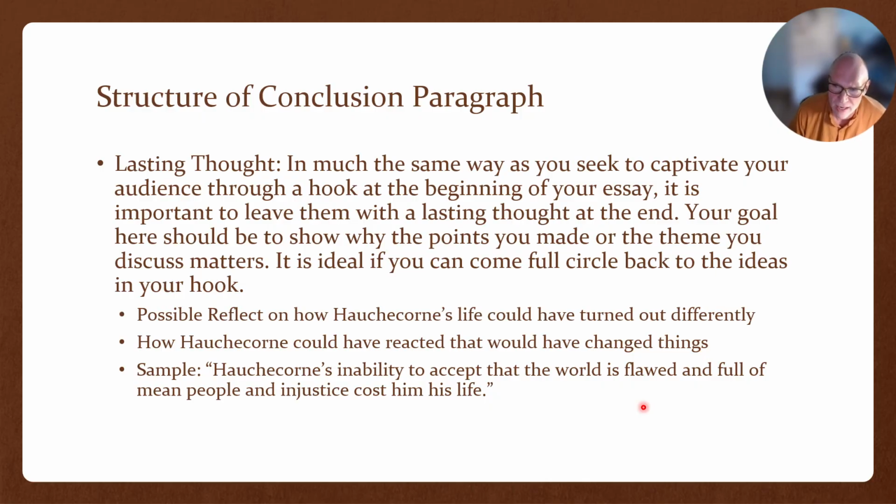It's not suicide, but he's responsible. He brings his own death upon him because of this character flaw. So it wraps up the essay, wraps up your thesis by making a pronouncement on the character himself and his characterization.